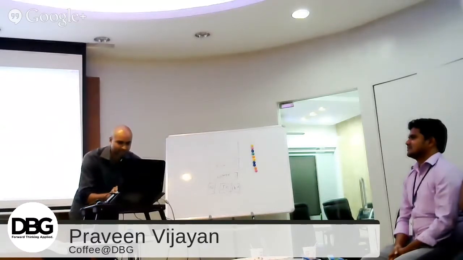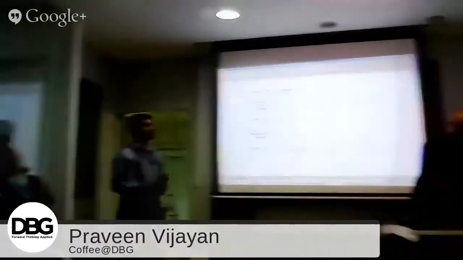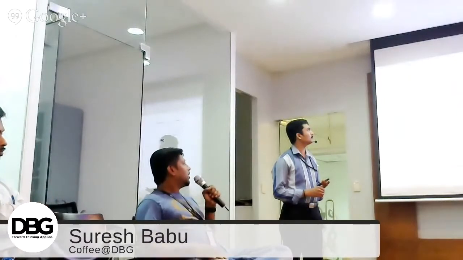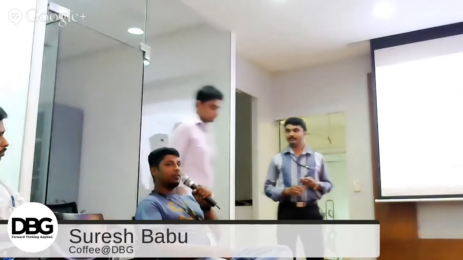Then we discussed how we can create JavaScript objects, that is by literal and object constructor. Right now we are trying to differentiate named functions. Then we came to functions, named functions and anonymous functions.